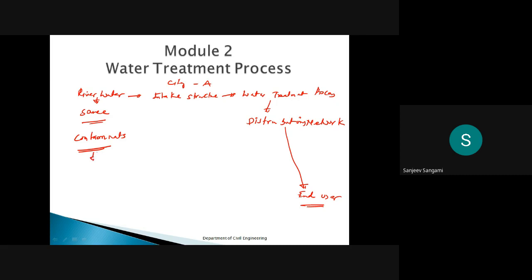What are the contaminants I have to check before sending to the water treatment process? Usually your water treatment process has to be decided based on what contaminants I have, what pollutants I have in my river water. So that I have to check.